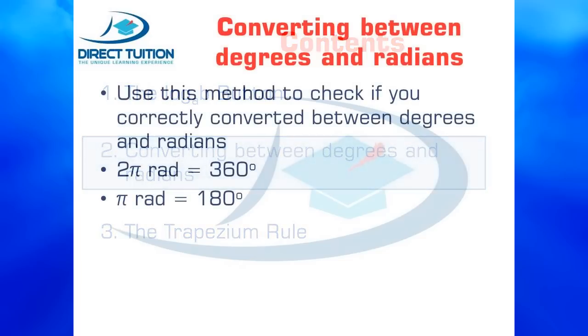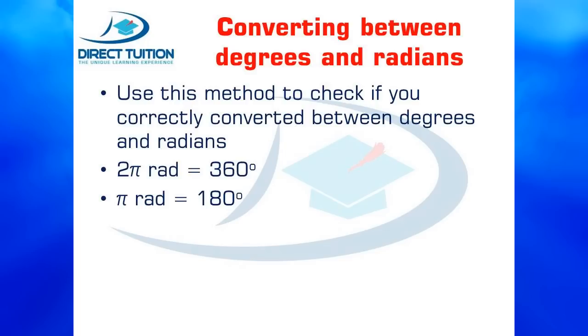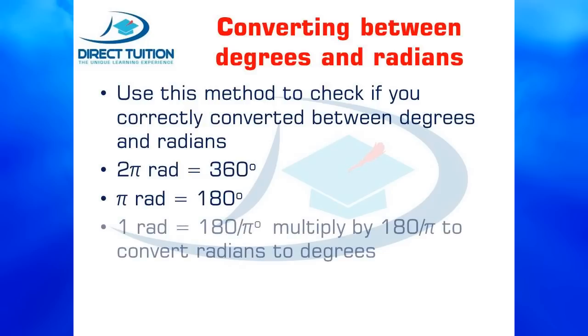You should already know that 2 pi radians is equal to 360 degrees, which implies that if you divide that by 2, pi radians is equal to 180 degrees. Dividing that through by pi gives us that 1 radian is equal to 180 divided by pi in degrees. So in order to convert from radians to degrees, all we do is multiply by 180 divided by pi.